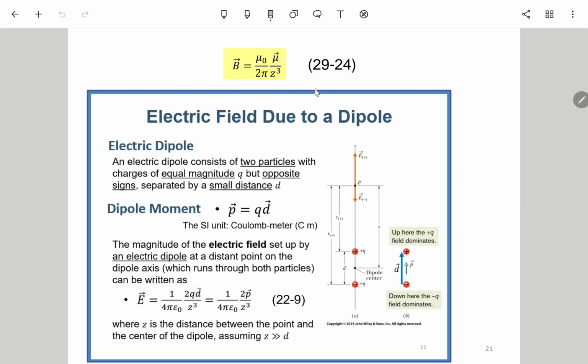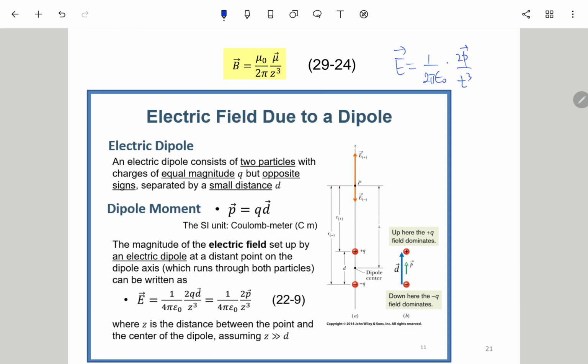So you can see this is E equals 1 over 2 pi epsilon naught and then 2p over z cubed. Okay, so these two expressions have the same form.